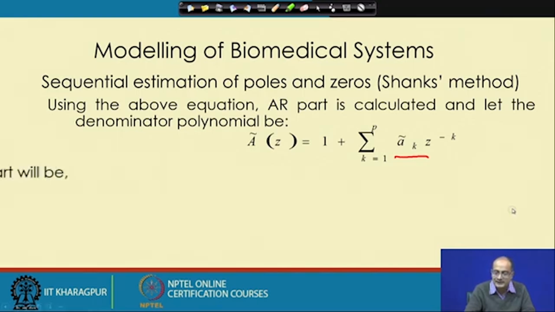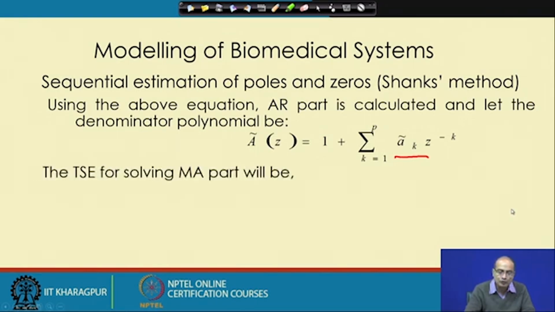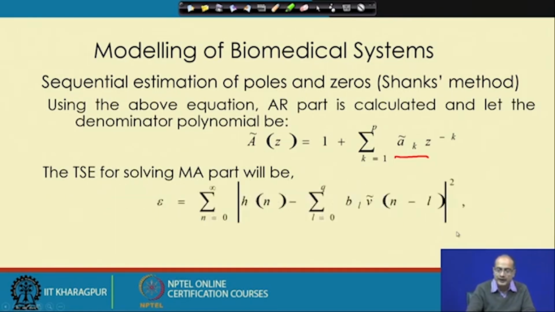Now, as we have the Az tilde, we can look for the total square error for the MA part. We can represent that as the error in the MA part, where we would need the value of V tilde n minus L. And if we know that, because the Hn is known, we can compute the BLs in the same way.